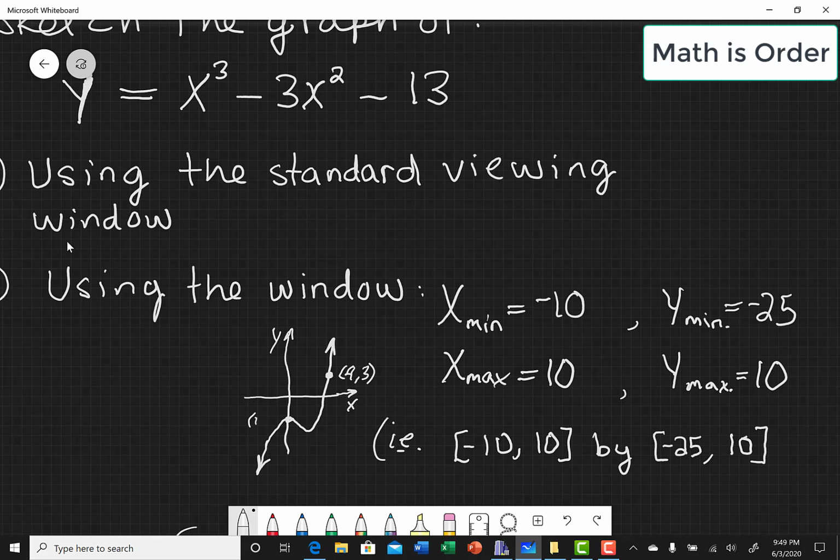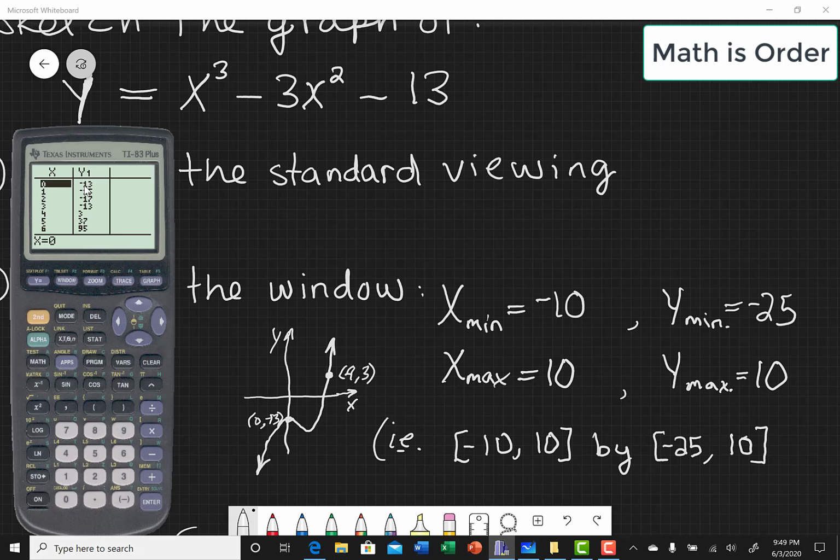That's another point on the graph. See 0, -13. So now that we have some coordinates on a curve, now it starts to have meaning. We have reference points given by ordered pairs.